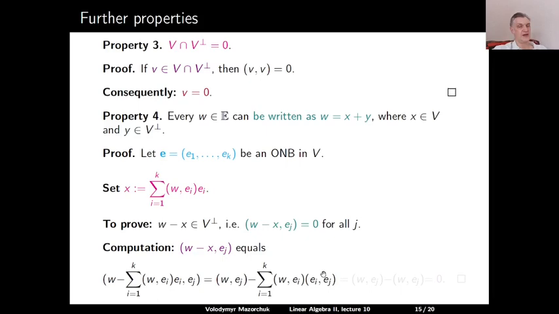So this latter factor is 0 if i is not equal to j, and is 1 if i is equal to j. So in this case, we will get the first summand is the same, and from this sum, only one summand survives, and it's exactly the same summand, w scalar product with ej. So if we subtract them, we get 0. And this completes the proof.